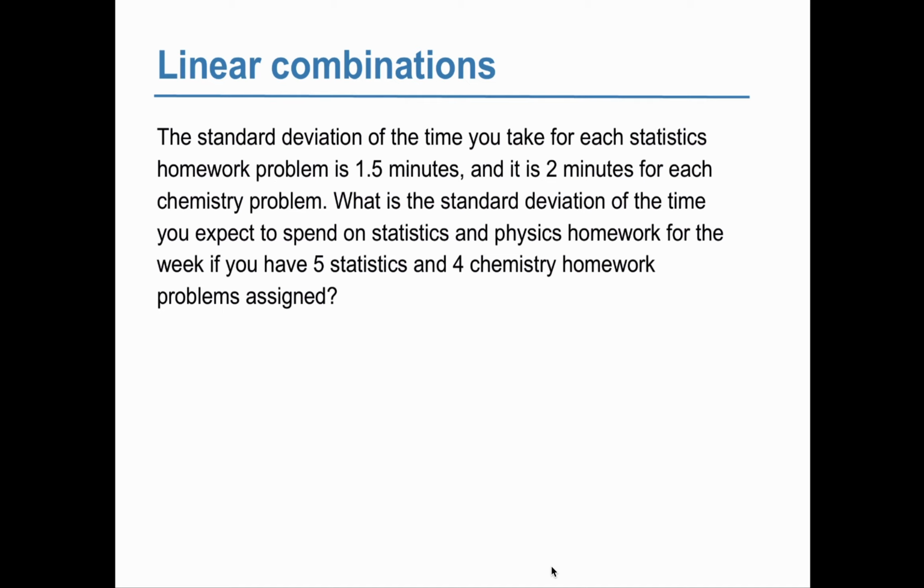So if your standard deviation for statistics is 1.5 minutes and your standard deviation for chemistry is 2 minutes, then the variance for statistics is going to be 2.25, and the variance for chemistry is 4.